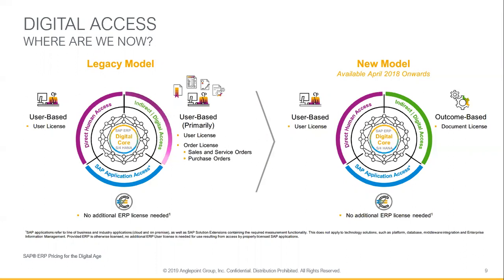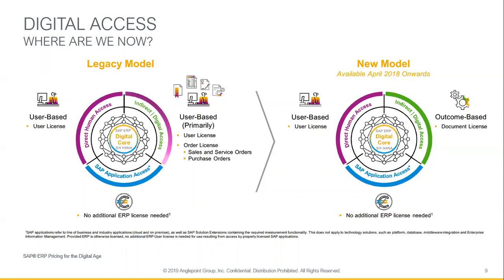If you take the left-hand side, the legacy model, everyone attending this webinar who is using SAP software most likely has a license agreement that was signed before April 2018, which makes it a legacy license agreement. That means you are primarily using licenses for your named users, plus package licenses or licenses for engines. One of the licenses highlighted here, which was also in the slide before, is the license for procure to pay and order to cash, called sales and service order execution.